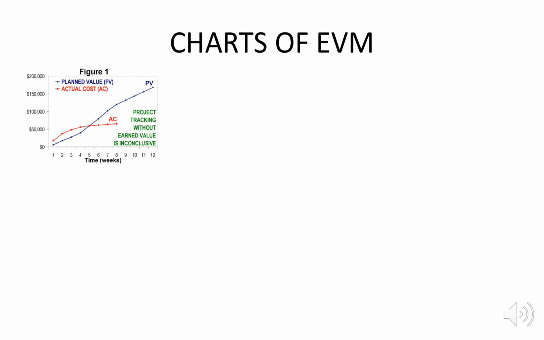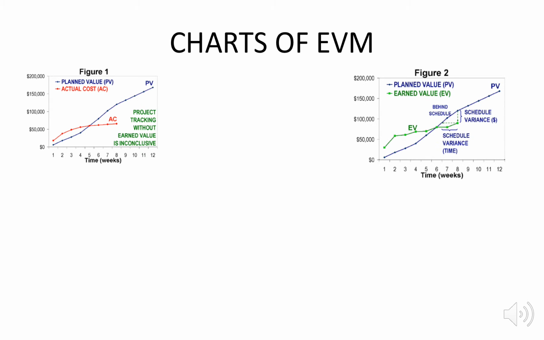We can track the planned values with respect to different times and dollars. And if we see actual cost, we can see how much it varied from week to week, and how much the dollars have been varying. The next one is Figure 2.